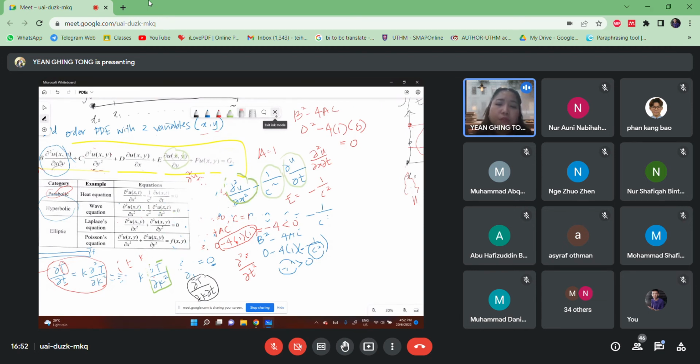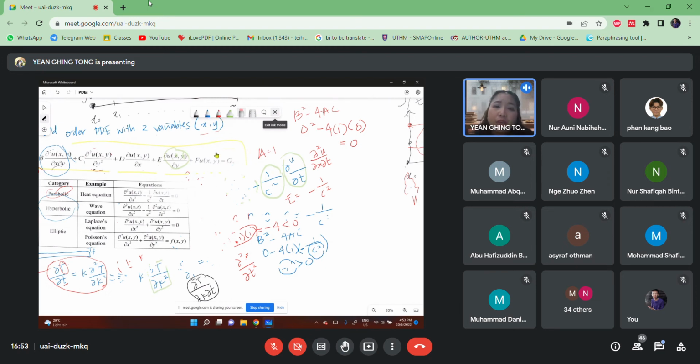Like I mentioned before, this one, because your syllabus only covers 2 independent variables only. That's why I give you this 3 equations with only 2 variables.